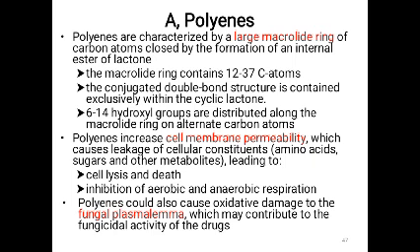Polyenes. Polyenes are characterized by a large macrolide ring of carbon atoms closed by the formation of an internal ester or lactone. The macrolide ring contains 12 up to 37 carbon atoms.